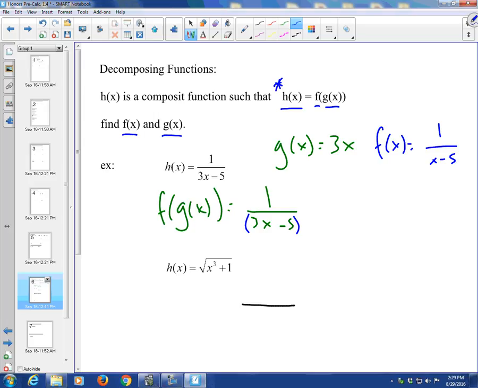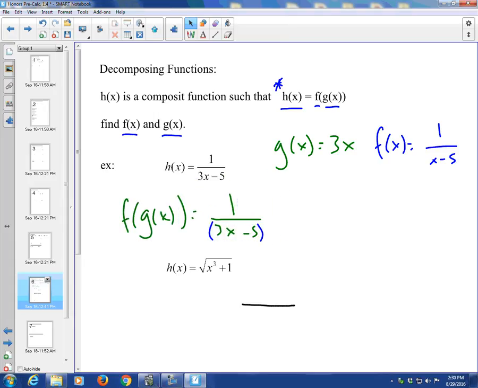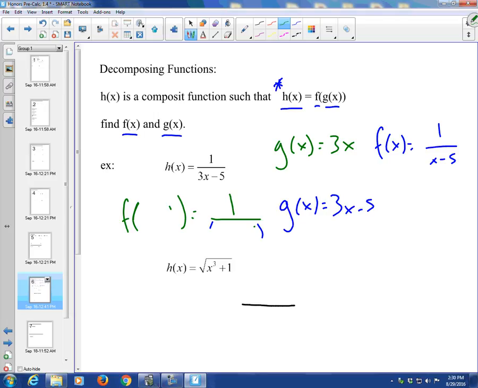Taking out those first two operations in order, we have g of x as 3x minus 5. And then when we take out that g of x, again, what we'll be left with is our f of x. That leaves us with f as the act of dividing 1 by some input. So f of x would be 1 divided by that input, and we could then say that f of x would be 1 over x.